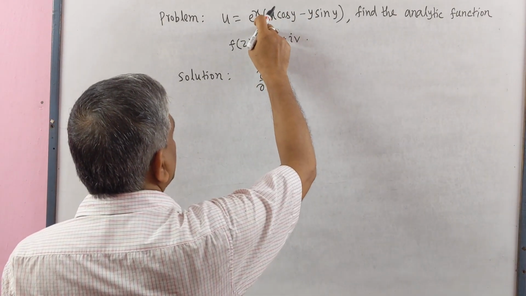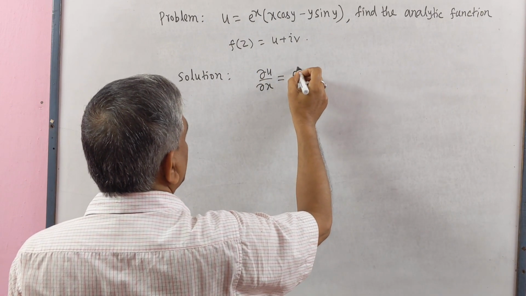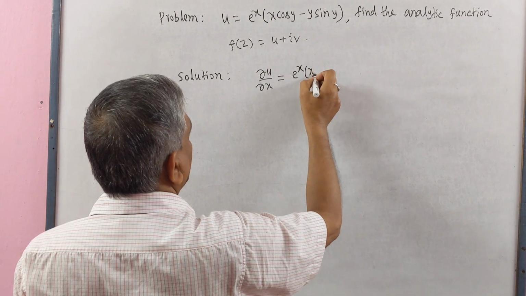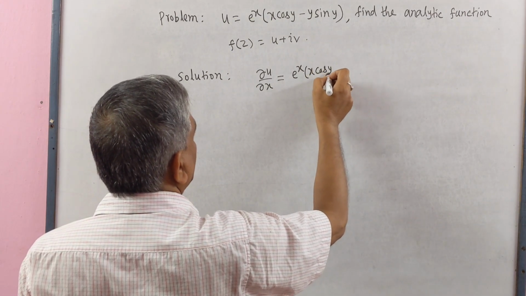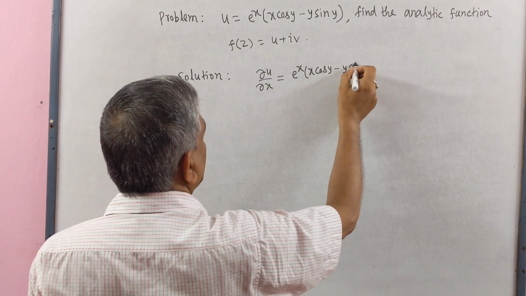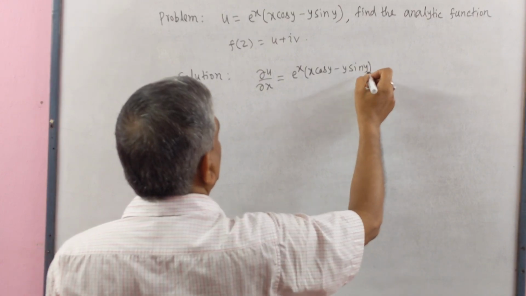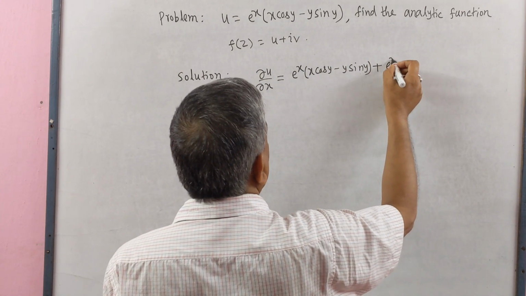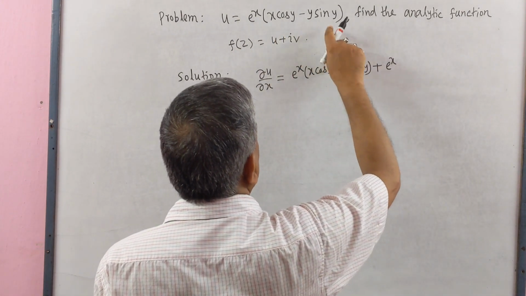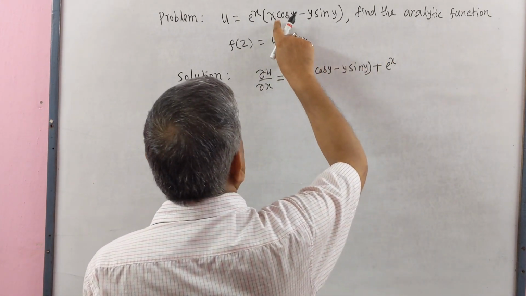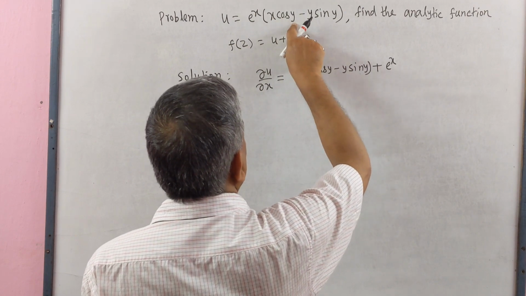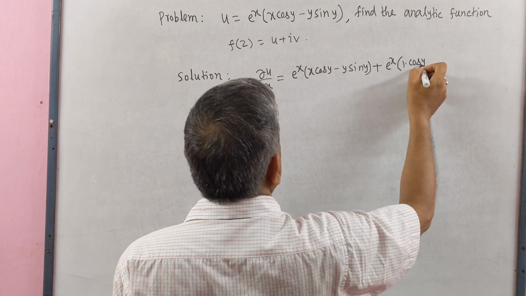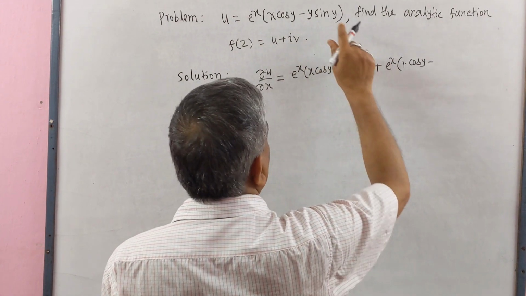First differentiate e^x, and this remains the same, (x cos y minus y sin y), plus this remains the same, e^x, differentiation of this: x gives 1, so 1 cos y minus, there is no x, so this is 0.